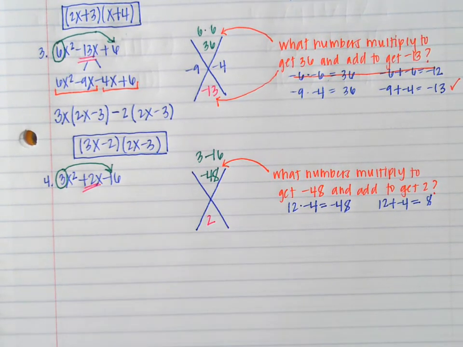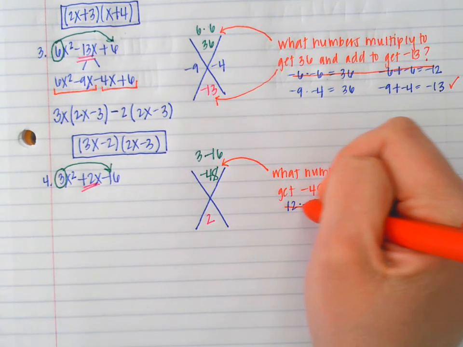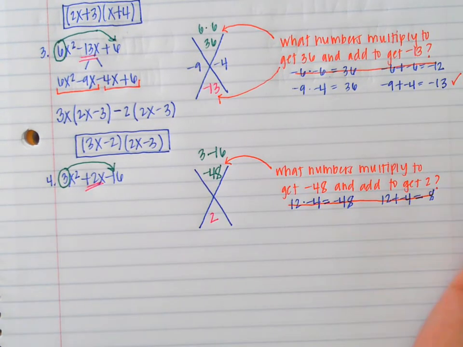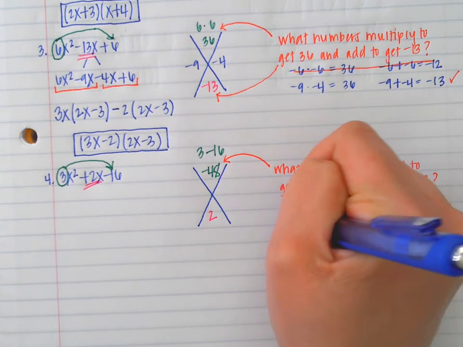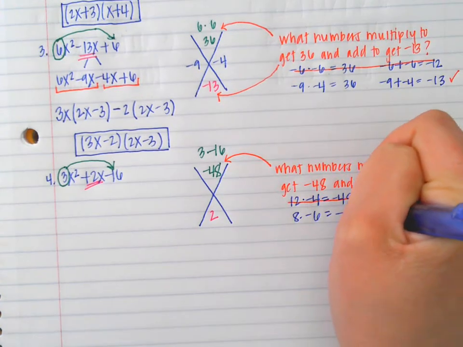Now, if you know your multiplication facts really well, then this isn't that difficult. You know, okay, this one didn't work out, but what numbers are going to work out? Well, 6 and 8. Now we're going to keep 8 as the positive. 8 times negative 6 is negative 48.